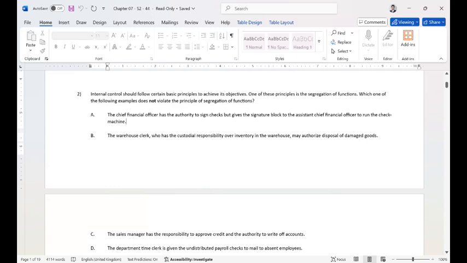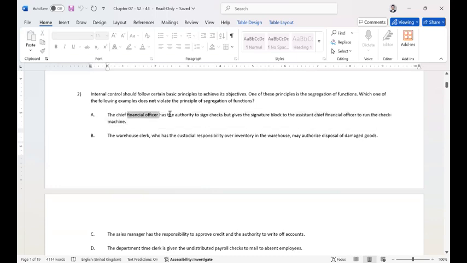The department time clerk is given the undistributed payroll checks to mail to absent employees. The CFO has authority to sign checks, but gives a signature block to the assistant CFO to run the check machine. Seems okay. The warehouse clerk who has the custodial responsibility. So this could be a problem, no? This violates, no?